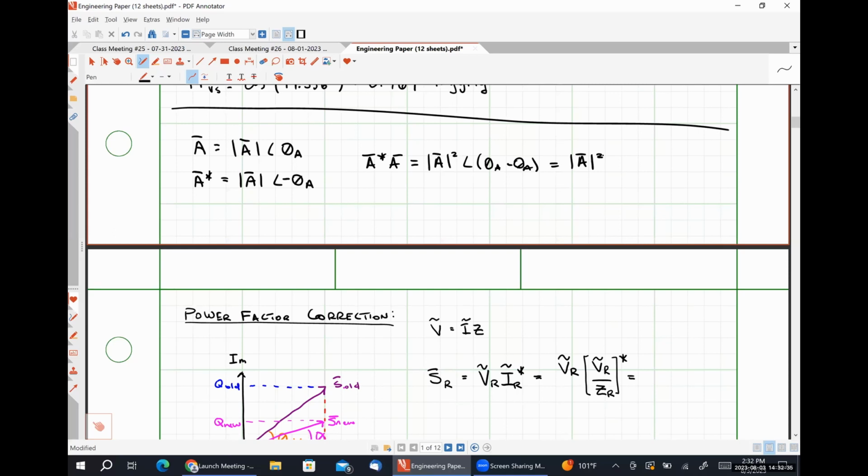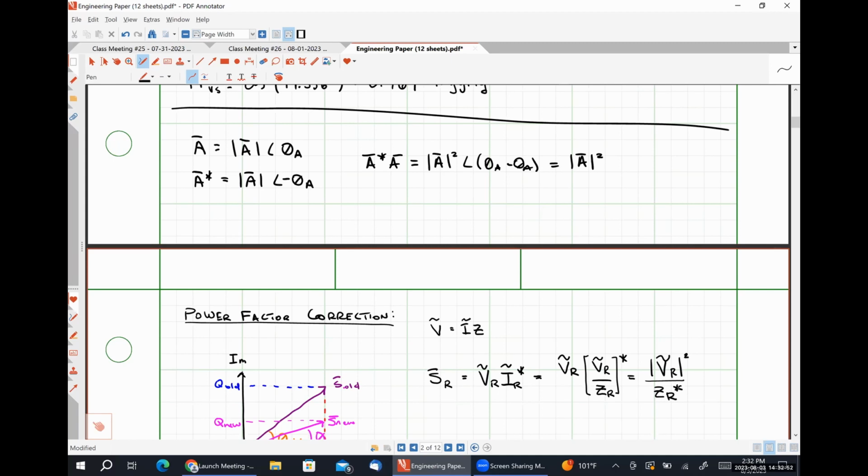So using this relationship, I'm going to have the magnitude of the voltage drop across my resistor squared divided by the conjugate of the impedance of my resistor.